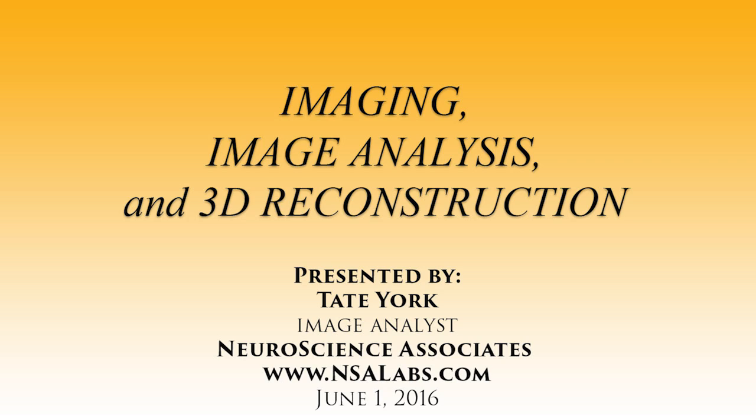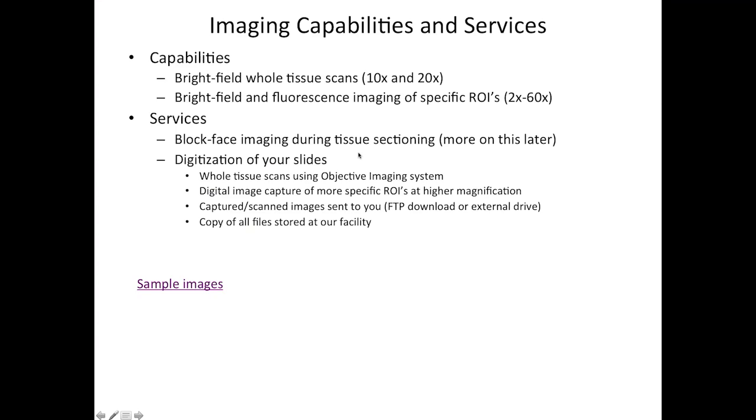And we also offer block face imaging during the tissue sectioning process. We'll hit on this more a little bit later when we get into the 3D reconstructions and that processing.